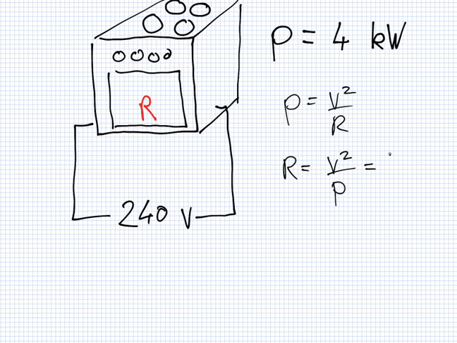So the V is 240 squared and the power is 4,000. What does this work out as? I get 144. Yeah, that sounds better. 144 would make me happier. What did you get? Yeah, it's 14.4. It's written out in the calculator.